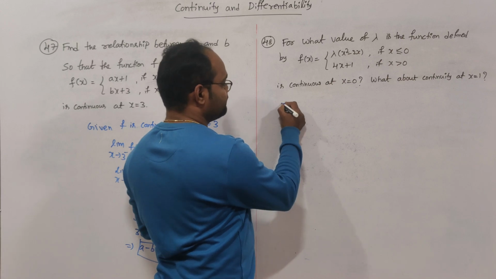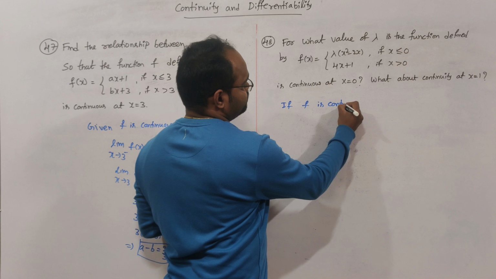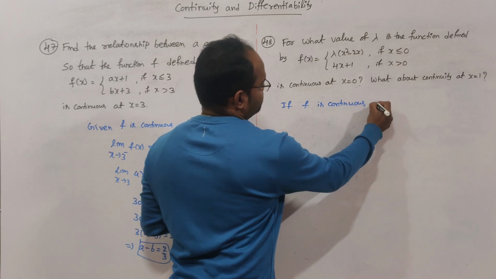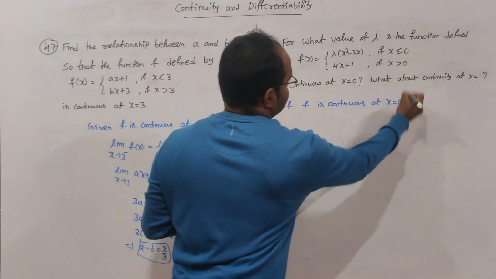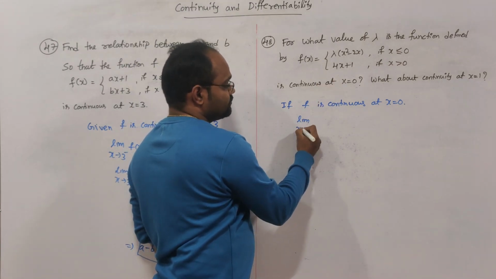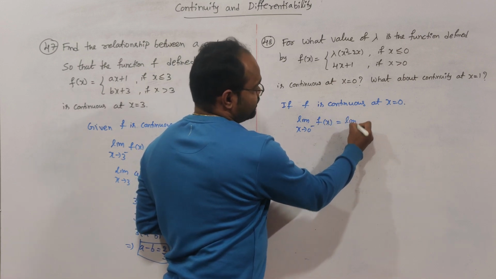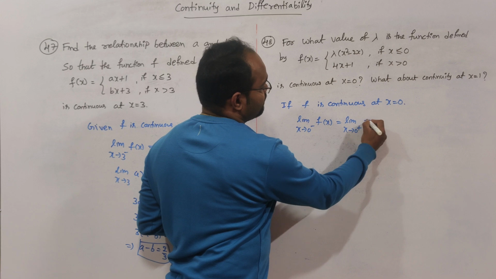Let us consider if f is continuous at x equal to 0, then LHL at x equal to 0, that is limit as x tends to 0 minus f of x, should be equal to RHL, limit as x tends to 0 plus f of x.